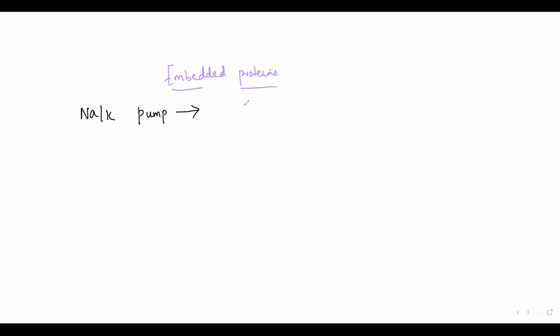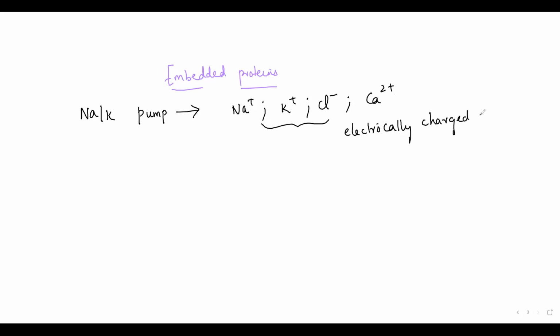So these ions like sodium ions, potassium ions, chloride ions, calcium ions, what are ions? They are nothing but electrically charged atoms, right? So these ions are very, very small. All these ions are of very small size.